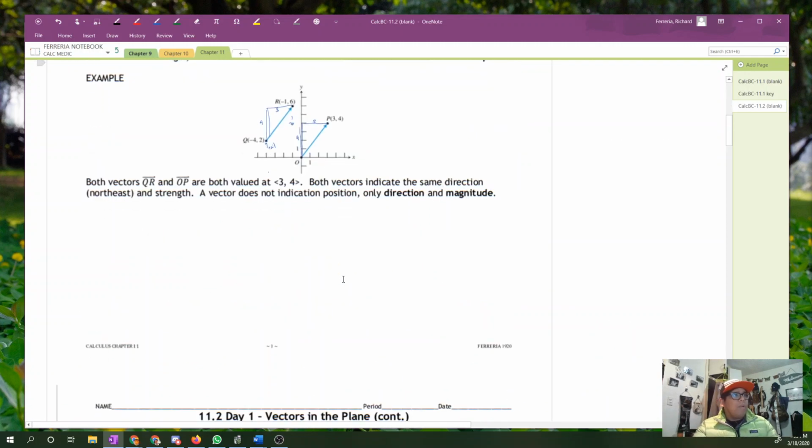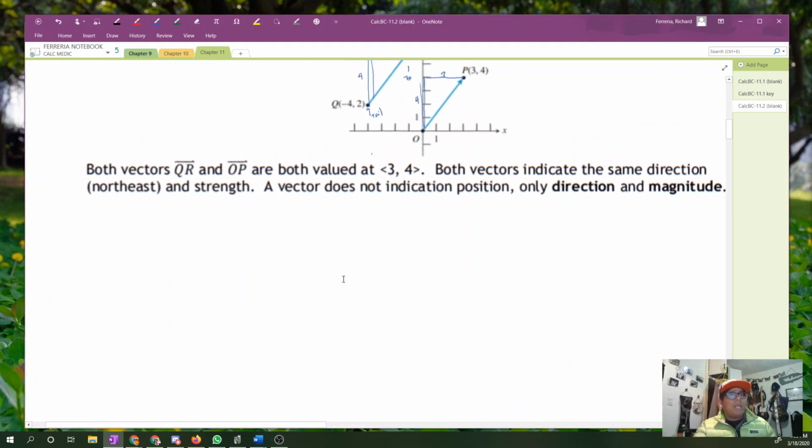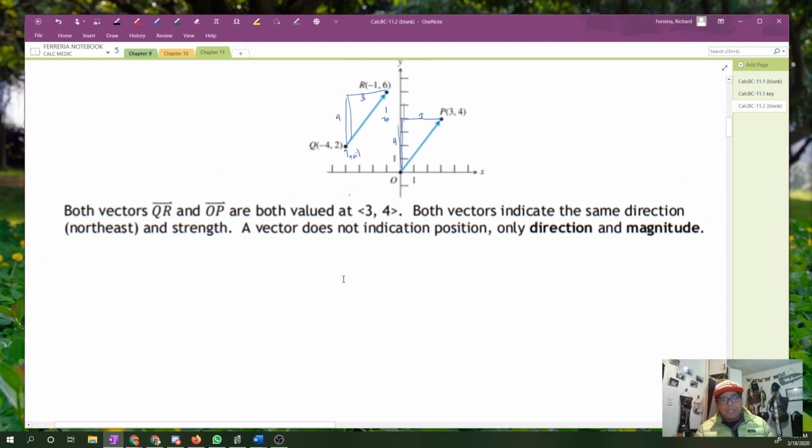Both vectors are valued at <3, 4>. Both vectors indicate the same direction, northeast, and the same strength. The vector doesn't indicate position. It only indicates direction and magnitude. So we can put that vector wherever we want to indicate that speed.